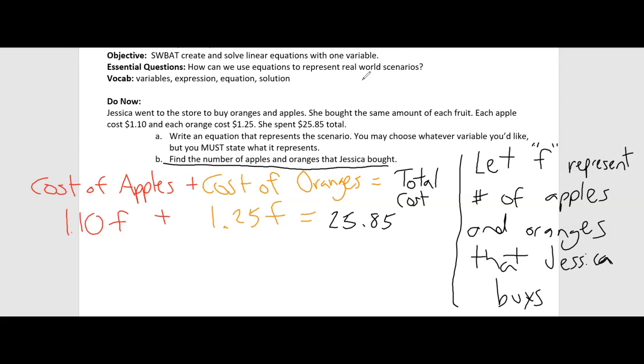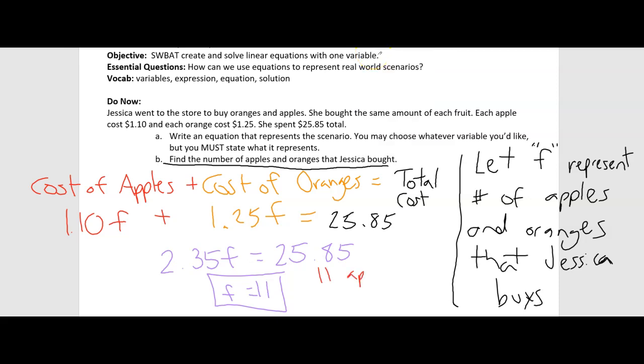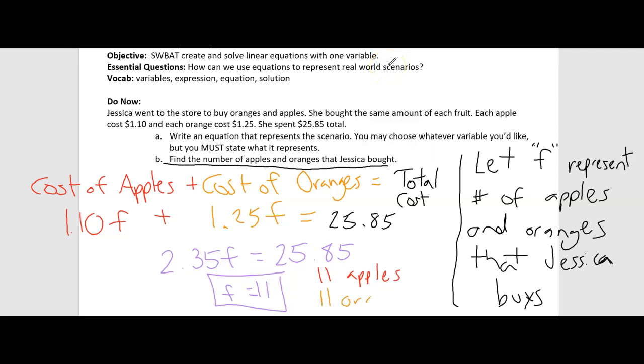If I combine my like terms, I end up getting 2.35F is equal to 25.85. And if I divide both sides by 2.35, I am going to get 11. So F equals 11. That means she buys 11 apples and 11 oranges. So again, just a review of a previous type of word problem.